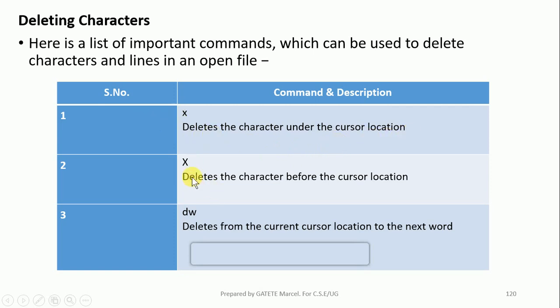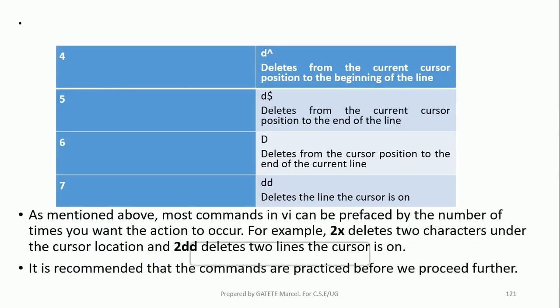Uppercase X will delete the character before the cursor location. DW will delete from the current location to the next word. This one will delete from the current position to the beginning of the line.